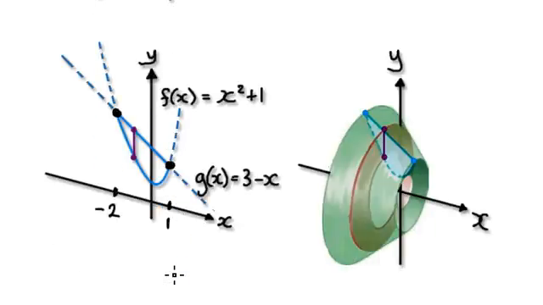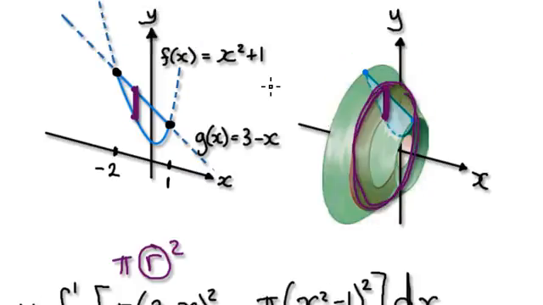So this point will be -2, and this point will be +1. So we're going to integrate it vertically from -2 to 1.